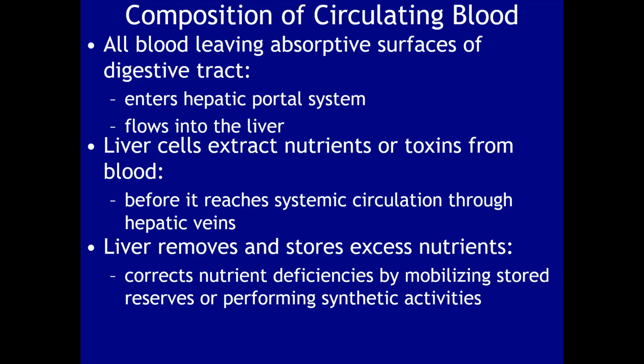Excess nutrients are going to be removed and stored in your liver, and it actually has the ability to correct deficiencies. So you can either keep nutrients in storage or you can mobilize them so that they can go out into the system and be utilized where they're needed. And you actually can have synthetic activities that occur in your liver as well.